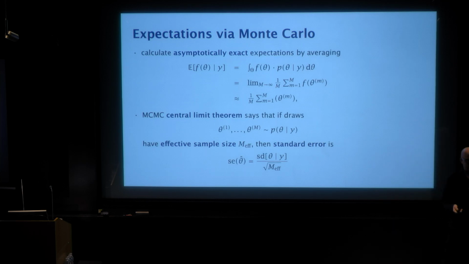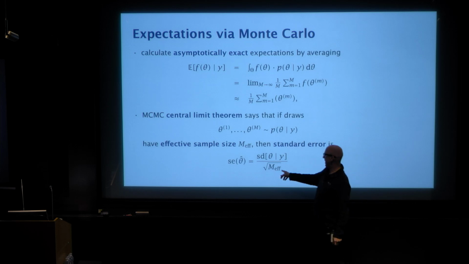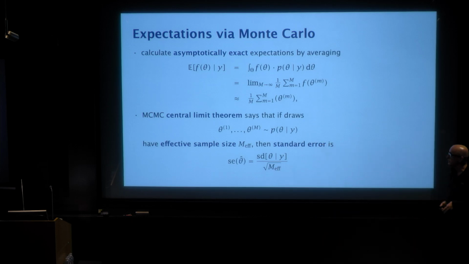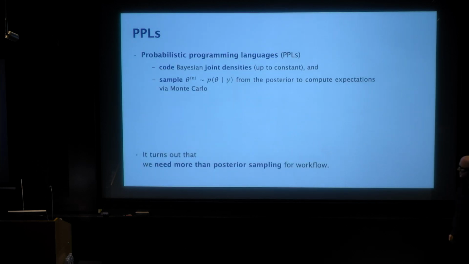That is, when I take M draws, they're acting like M effective independent draws, even if they're not necessarily independent. All the details of this don't matter. I'm not even sure why I put this on the slide.